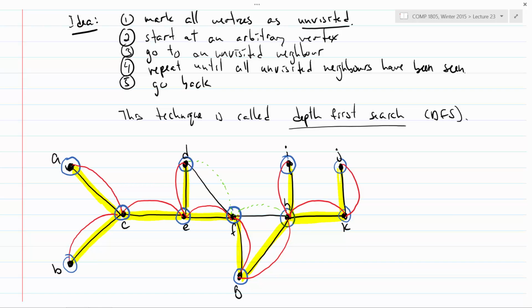Yep? So it seems like there's a well-defined order to how this happens. Is there any way to formally state what the order would be, if I printed every new node when I visited it? No, so any time I picked between alternatives, I could have picked any one of those, and I would have gotten a different order that I visited the vertices in.